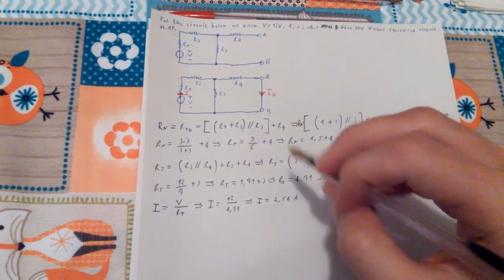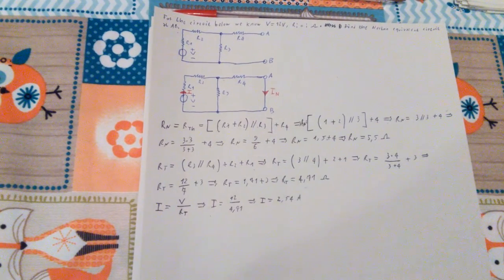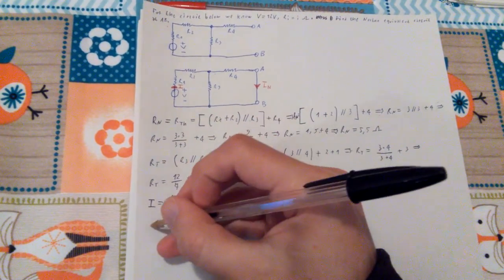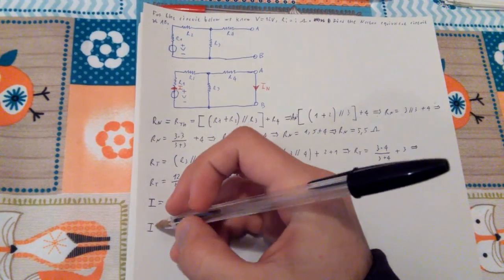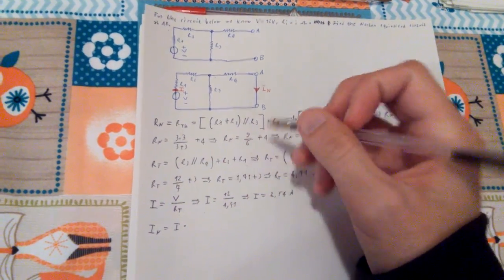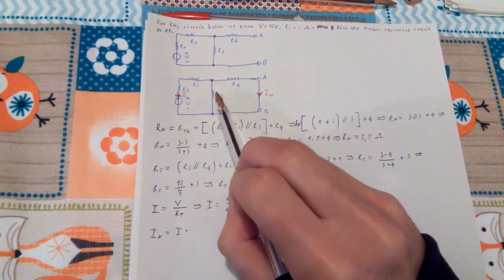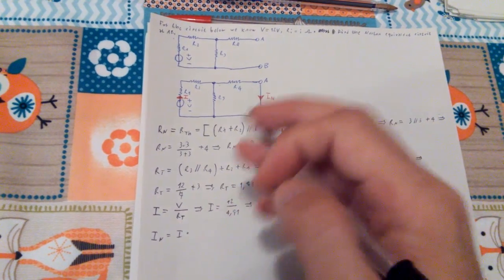So now I can find I of n, which is just a subset of the I. So I of n is going to be I times R3 over R3 plus R4.